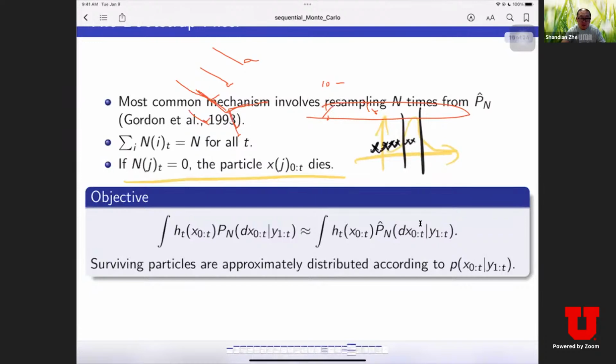You might generate a bunch of new trajectories and go along for a while, and then some low probability paths will be kicked out as well. Based on that, you generate new particles and new trajectories, but these new trajectories will share some part of the old trajectories as well.